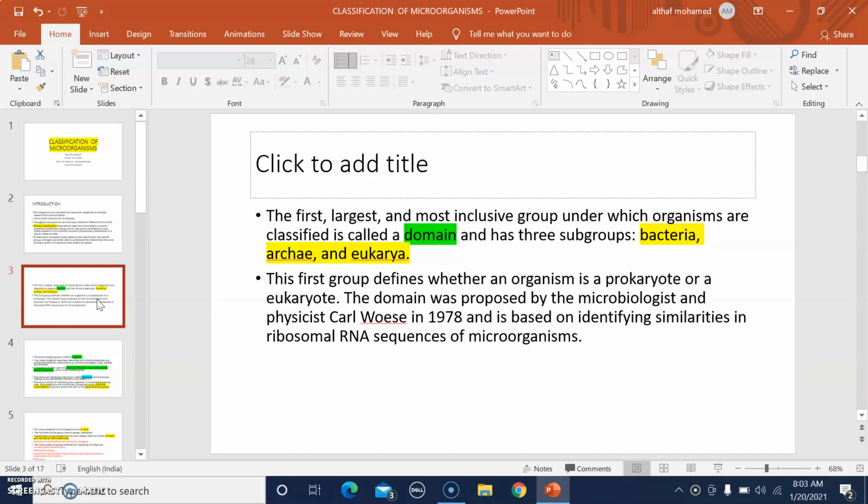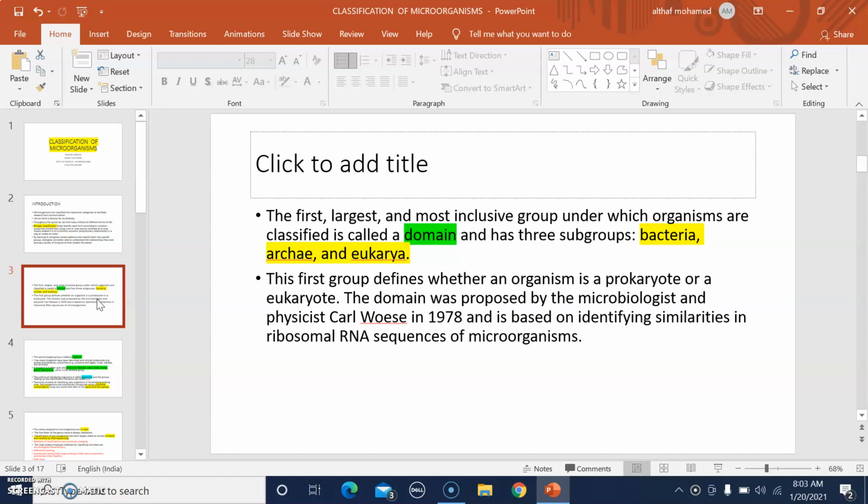The first group helps to define whether an organism is a prokaryote or a eukaryote. This domain system was proposed by the microbiologist and physicist Carl Woese in 1978.